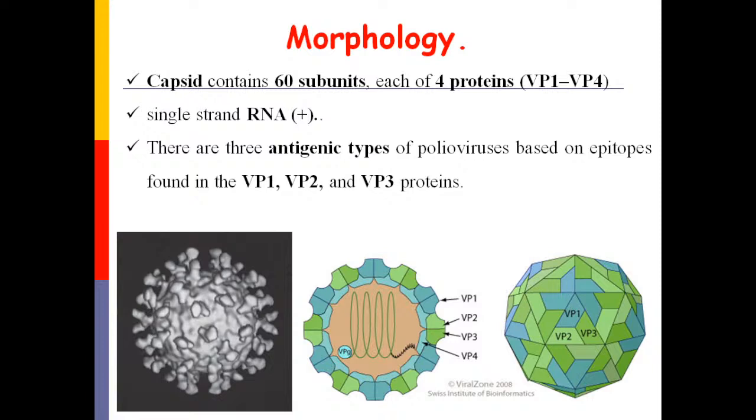This virus has single strand RNA. It is positive chain. I remind you, what does it mean? RNA positive or RNA negative? RNA positive viruses have an RNA positive chain of nucleic acid that plays a role of messenger RNA.